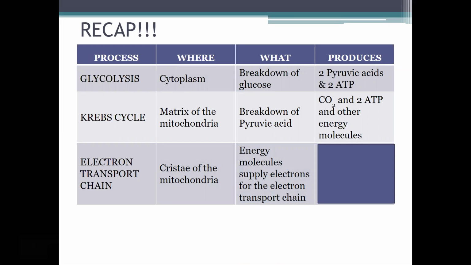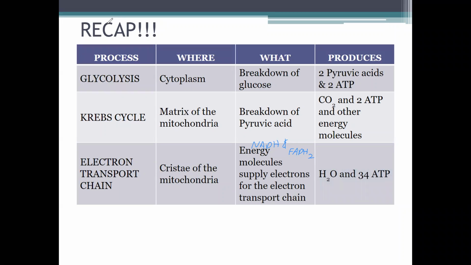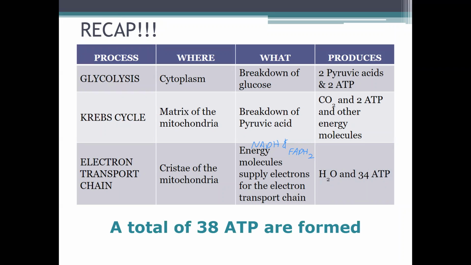Energy molecules are going to supply electrons for the ETC. Those energy molecules, in case you were not sure, are the NADH and your FADH2. And overall, you're going to produce water and 34 ATP. Okay? So make sure that you have all of this from this table. You need all of that information.